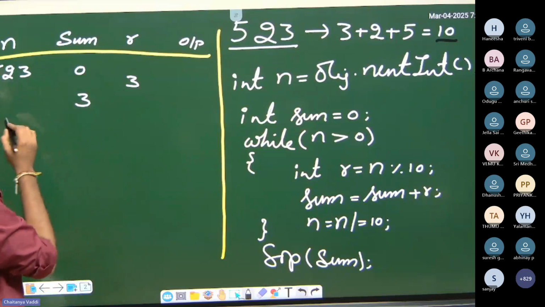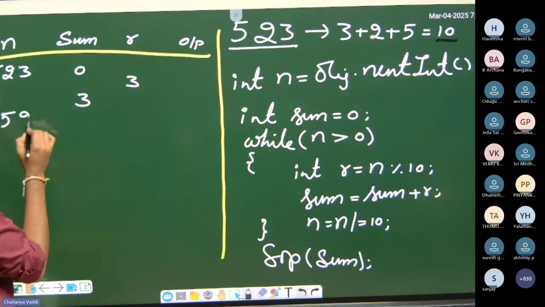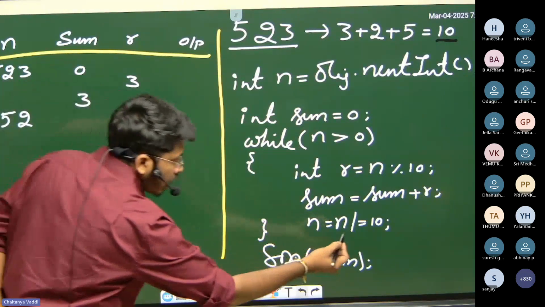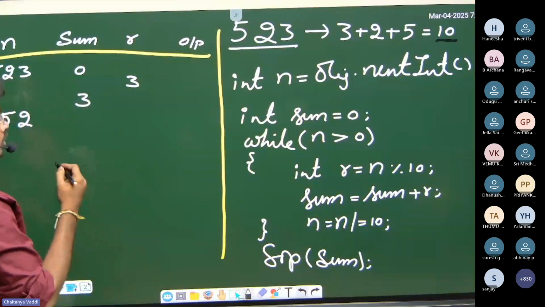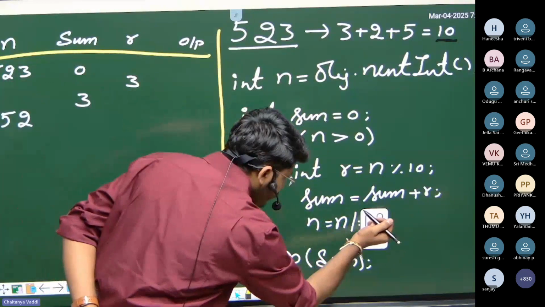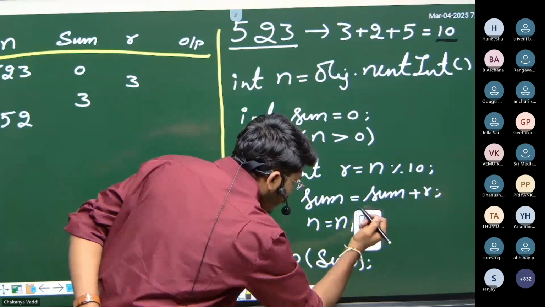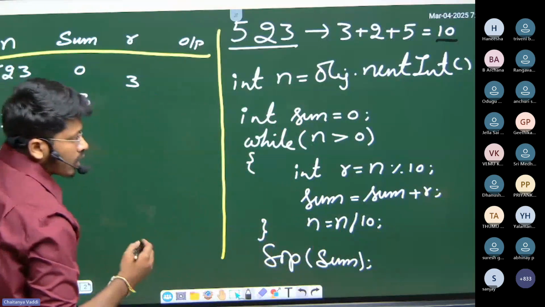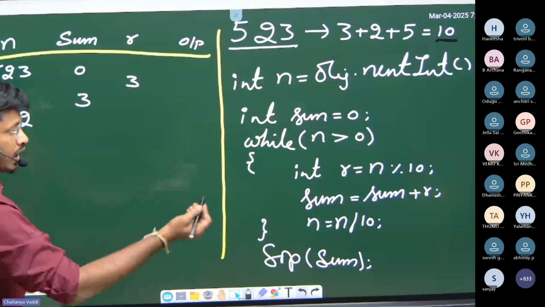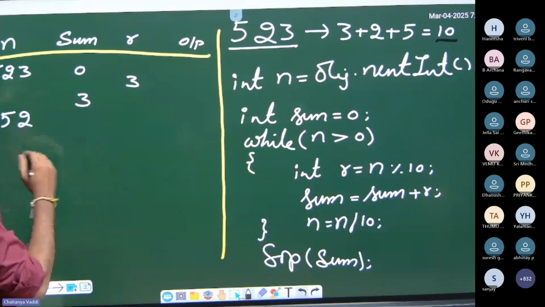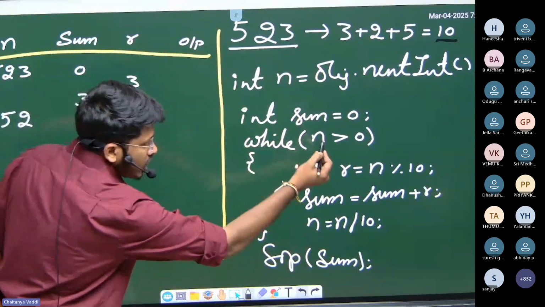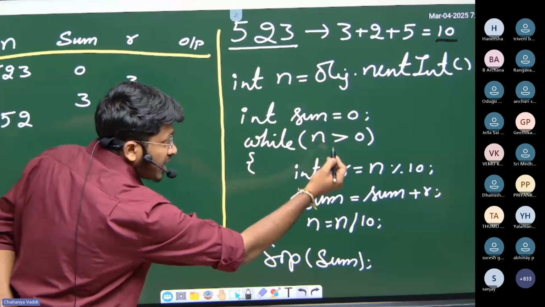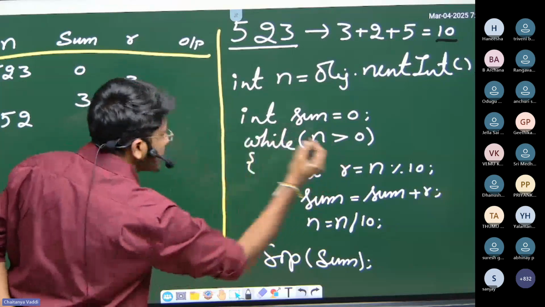n divided by 10 is nothing but 523 divided by 10, 52. Here I have used the division operator, so by using the division operator we can get the quotient as the outcome. So I'm storing that quotient in n. Again, it jumps to the while loop condition. The condition is still true, because 52 is greater than 0.